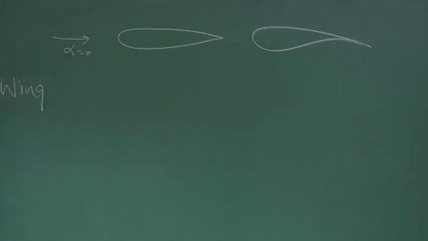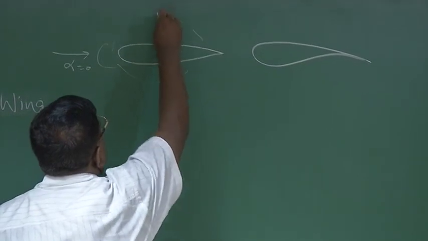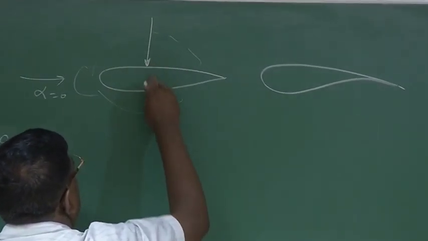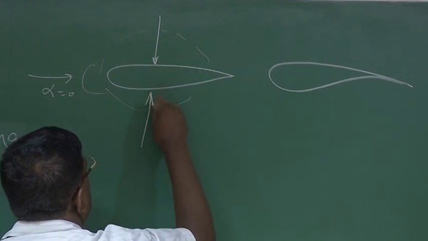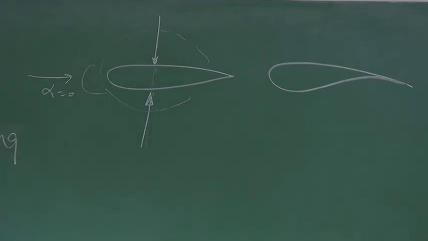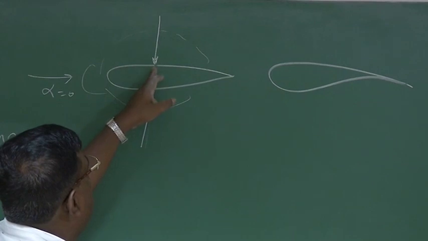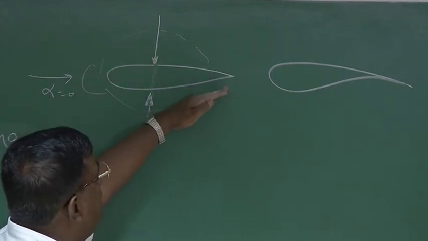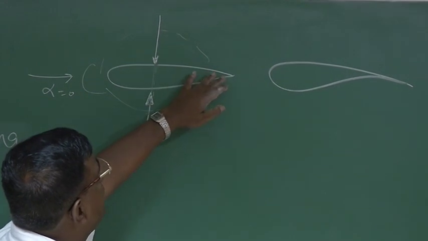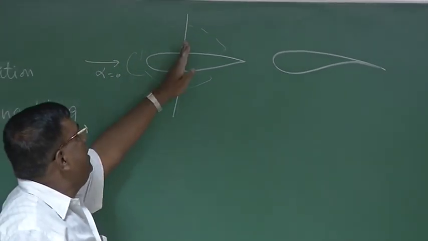At alpha equal to 0, it is fair to understand that whatever pressure distribution comes over here, if I integrate over the top surface and the bottom surface, they will be of equal magnitude, and the resultants of the pressure integrated over the lower and upper surfaces will have their point of application at the same place.